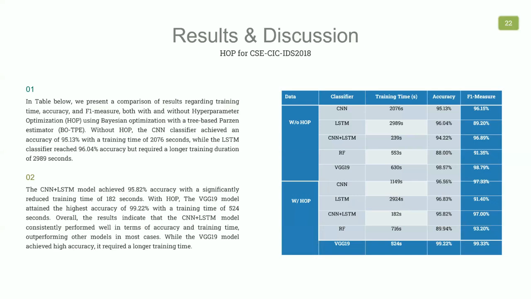When we used the hyperparameter optimization, the combination of convolutional neural network and long short-term memory model achieved a 95.82% accuracy with a significantly reduced training time of 182 seconds. Also, the VGG19 model attained the highest accuracy of 99.22% with training time of 524 seconds.